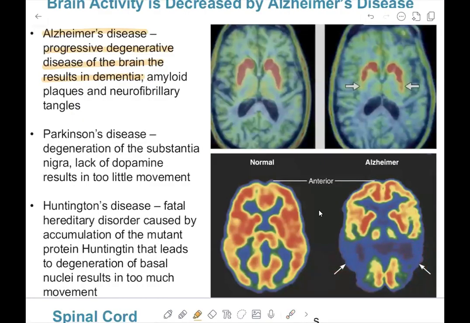And the two main things that are seen in Alzheimer's brain are what are called amyloid plaques and a type of protein called a tau protein and neurofibrillary tangles, which means the neurons, especially the processes, are all kind of tied up.